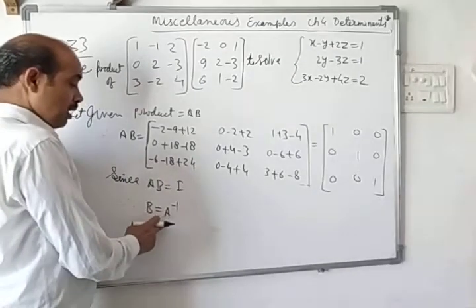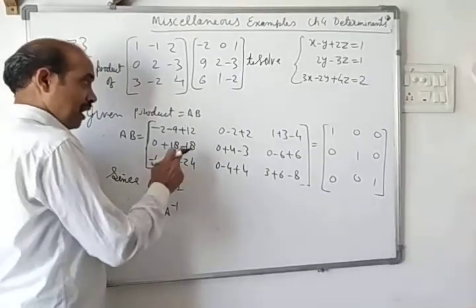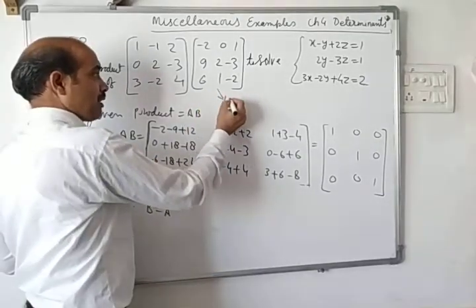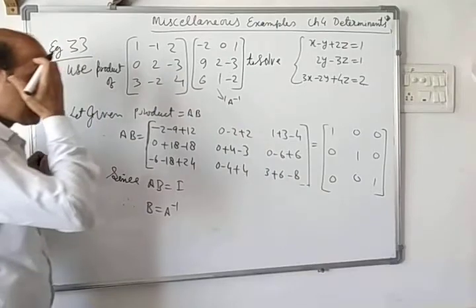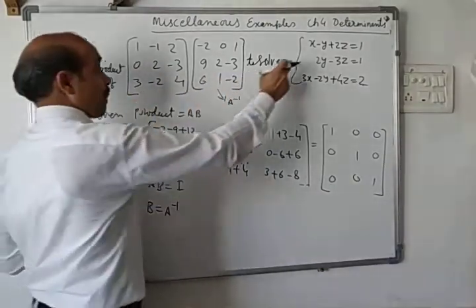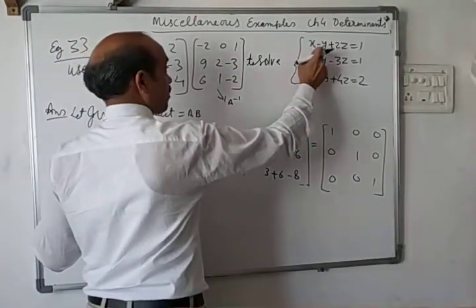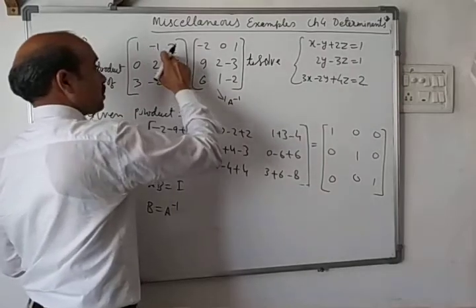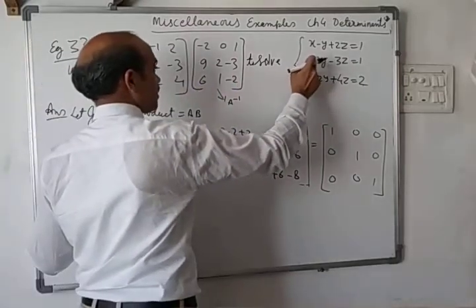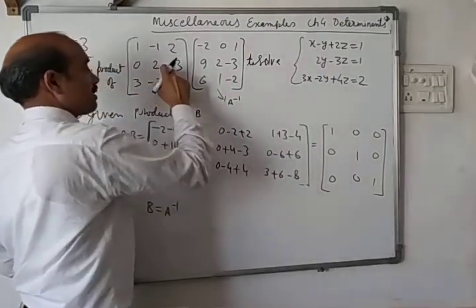Now A inverse is already here, this will become A inverse now, second matrix, and this is 1 -1 2 1 -1 2, x is not here, so 0 2 -3 0 2 -3.